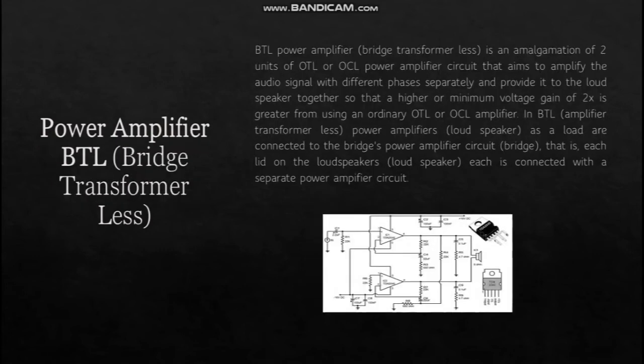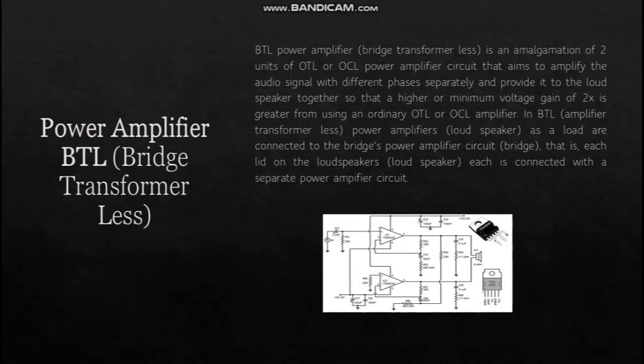The last is power amplifier BTL, bridge transformerless. BTL power amplifier is a combination of two units of OTL or OCL power amplifier circuits that aims to amplify the audio signal with different phases separately and provide it to the loudspeaker together, so that a voltage gain at least 2 times greater than using an ordinary OTL or OCL amplifier.